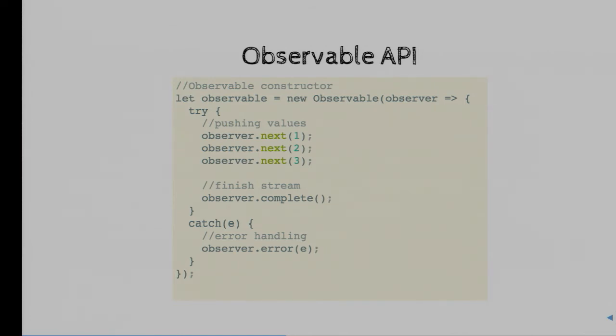You will get an observer as an input parameter, and then we can use the observer to emit the different values. We can see some examples with 1, 2, 3. And then once we are happy, we can say, okay, we are complete now. We are not going to emit any other values. This is a really basic observable. With this API, we can build all sorts of observables, but this is the easiest one.